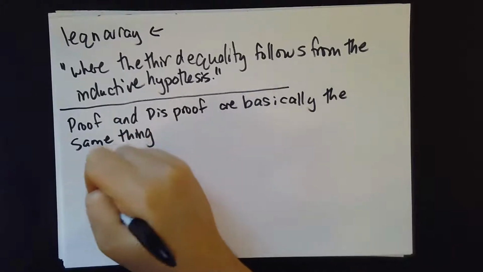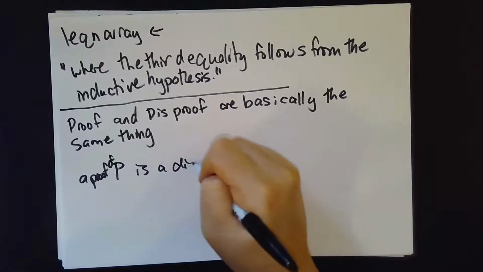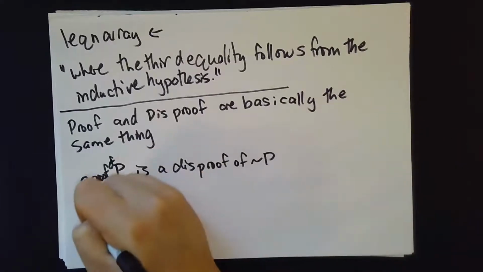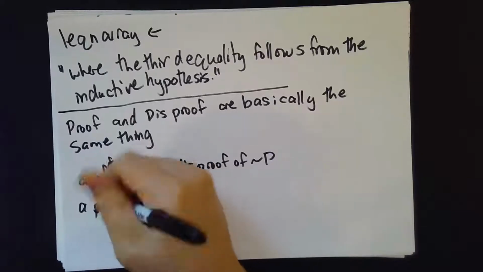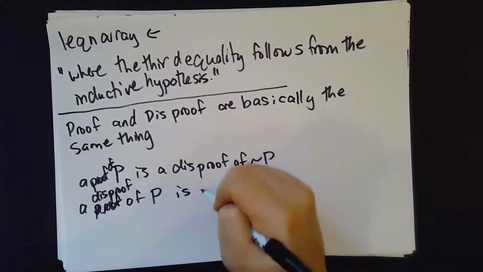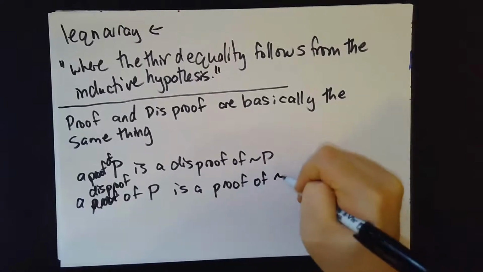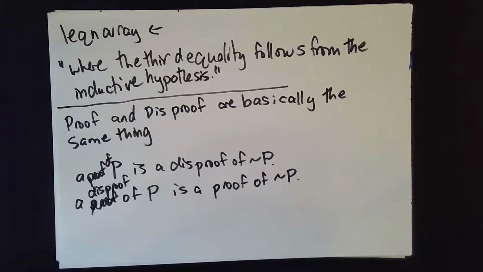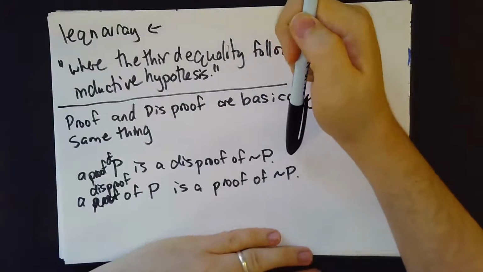But a proof of P is a disproof of not P, and a disproof of P, I guess I should say, is just a proof of not P. And so disproving something is the same as proving its negation.